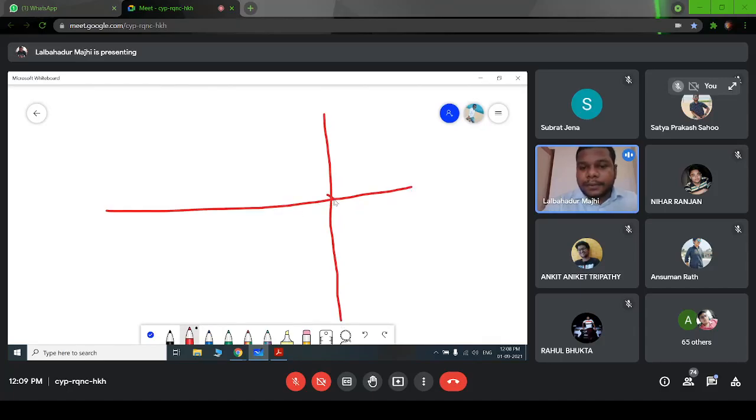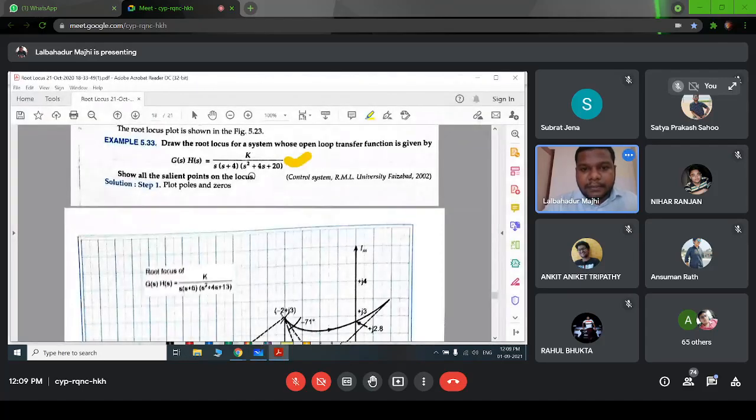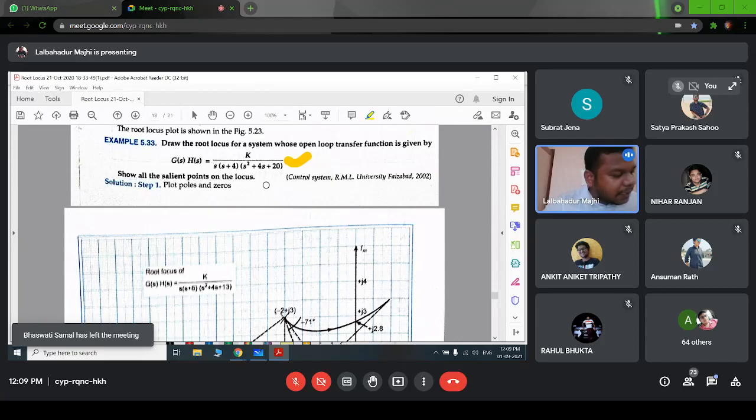We have four poles. One is at the origin, another at minus 4, and from s square plus 4s plus 20 we get a complex conjugate pair of poles, that is minus 2 plus minus j4.